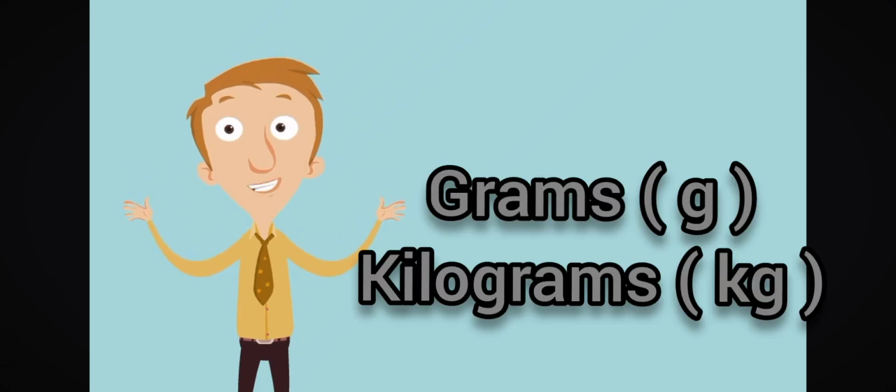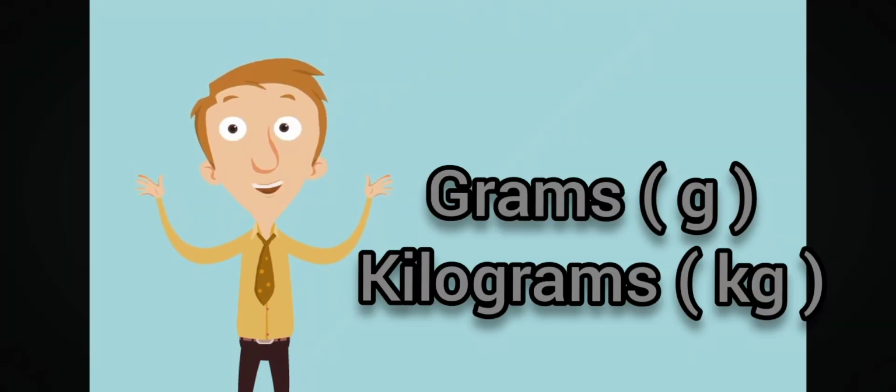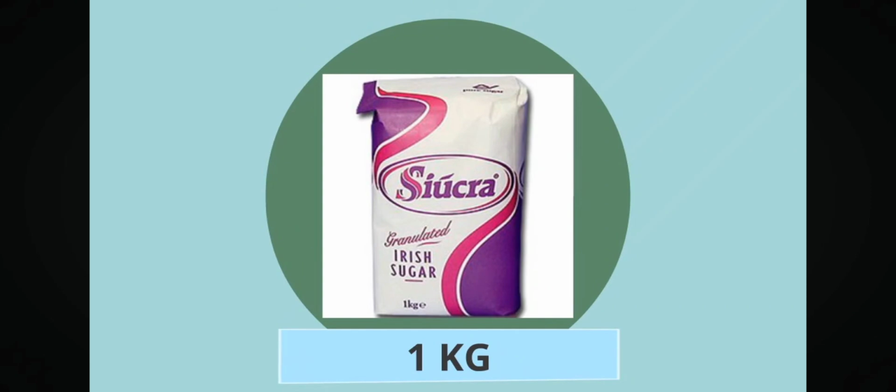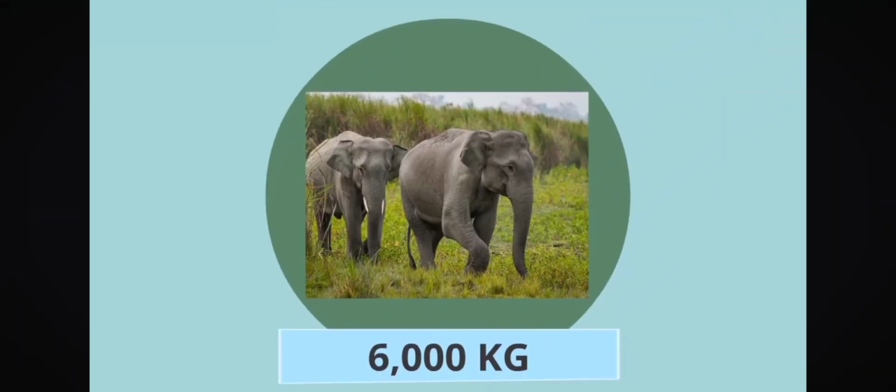For our last lesson, we learned that there are different units of measurement for when we're measuring weight. Now let's take a look at actual weights of actual objects. First, we have a bag of Irish sugar, which has a weight of 1 kilogram. Next, we have an African elephant, which weighs about 6,000 kilograms.